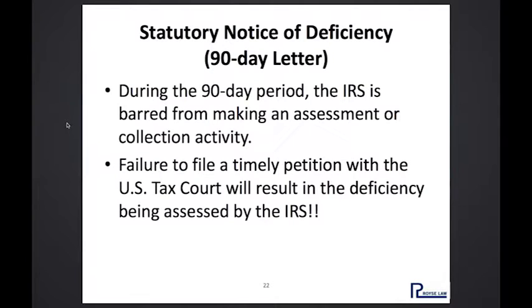During the 90-day period after the statutory notice of deficiency is issued, the IRS is barred from making an assessment or collection activity. And if the taxpayer files a petition with the United States Tax Court, this continues until a U.S. Tax Court decision is final. It's very important to remember that the failure to file a timely petition with the tax court will result in the deficiency being assessed by the IRS.